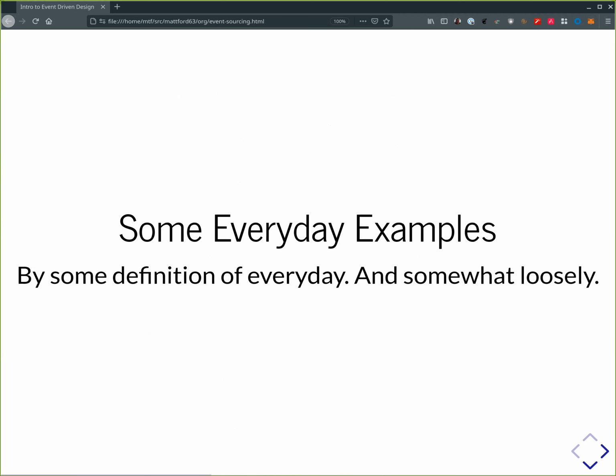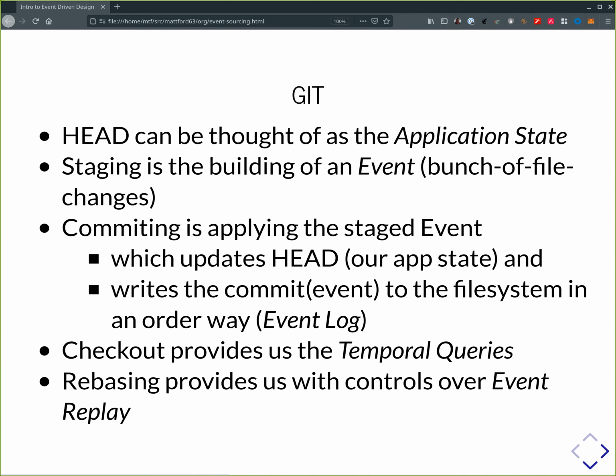So there are some pretty nice everyday examples, if you're a programmer, that is. First off is Git.